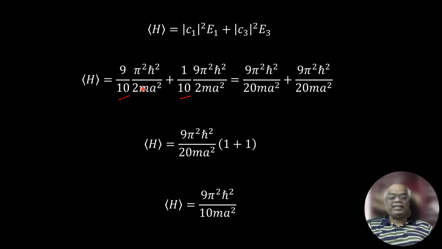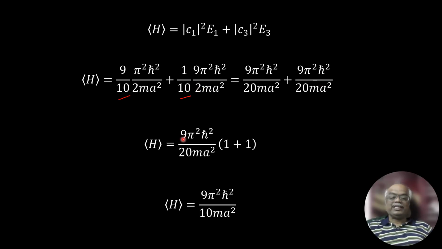Now you can rearrange the terms. In the first term, in the numerator, you have 9π squared ħ squared. In the denominator, there is 10 into 2, 20 ma squared. Then the next term, numerator, you have 9π squared ħ squared. In the denominator, 10 into 2, 20 ma squared.